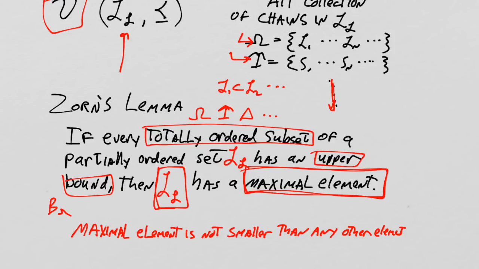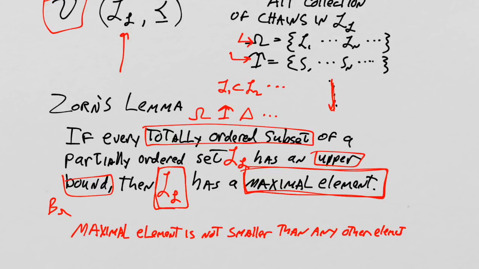This is saying we have a maximal element of our set of sets, or our set of subsets of V, our collection of subsets of V, where each element of the collection is a set of linearly independent vectors. Well, that means there is at least one maximal element.